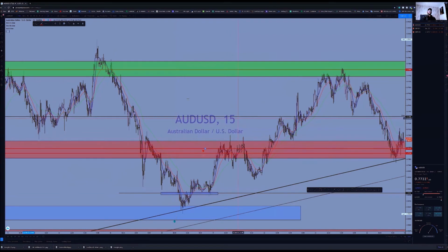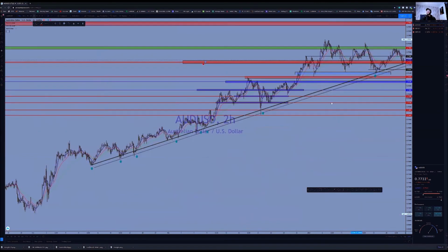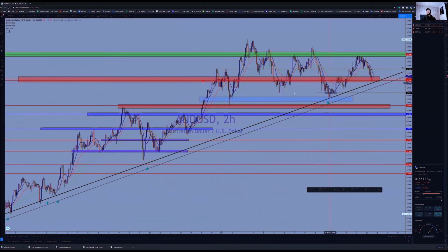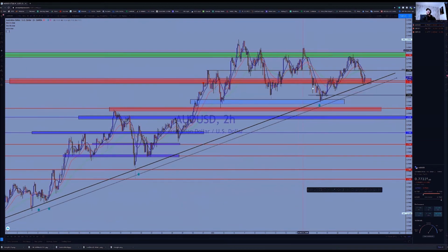Initially we know it's in an uptrend on the higher time frame. This is the initial pullback. So wait for price to respect this trend line, respect this zone, and give us a bullish candle.